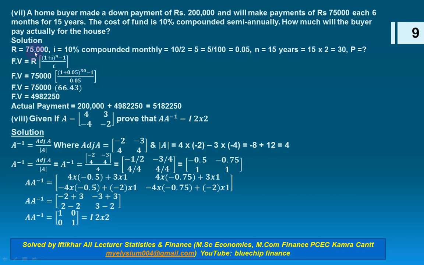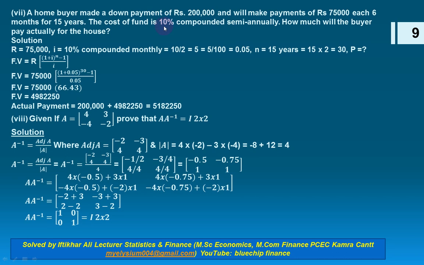R is the payment amount, that is 75,000. Interest rate is 10% compounded semi-annually. It means this 10% will be paid in 2 equal installments after each 6 months.